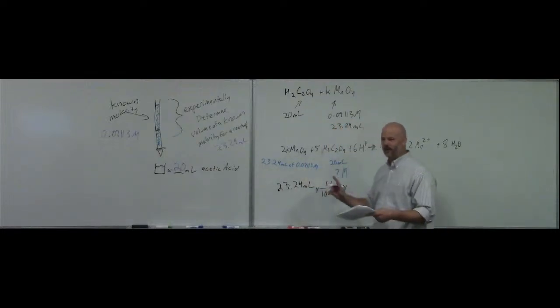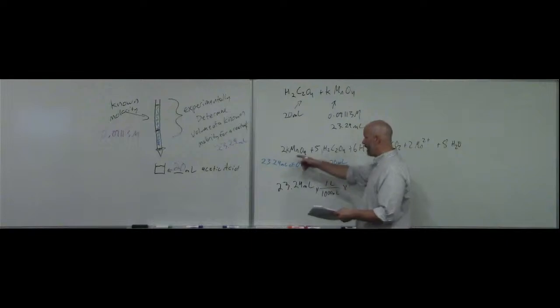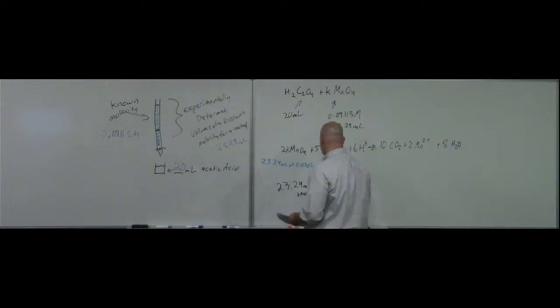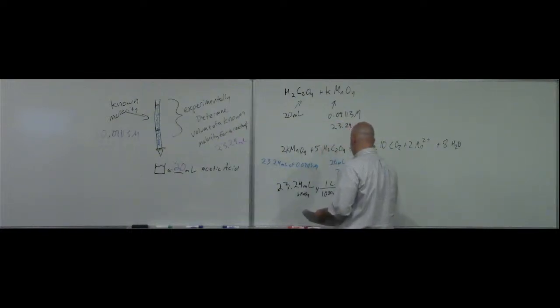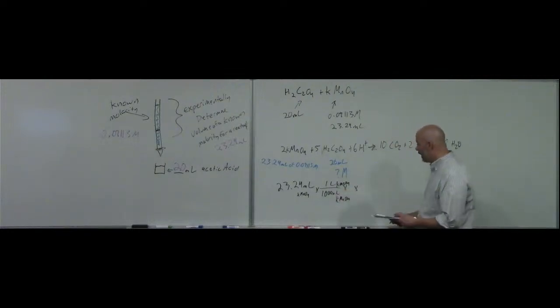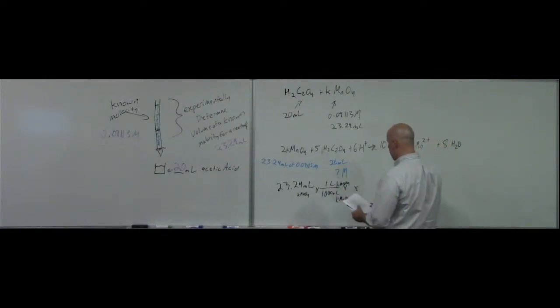This is where I made a mistake already. We want to label what everything is. So this is going to be KMnO4. All this is going to be KMnO4. So at this point, I am at liters of potassium permanganate.